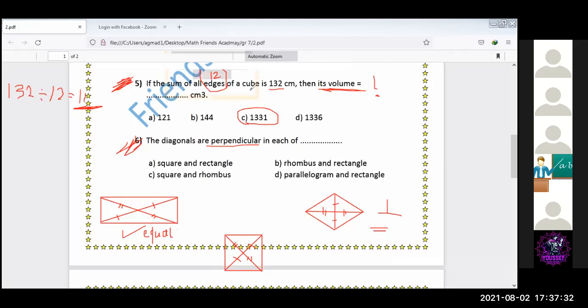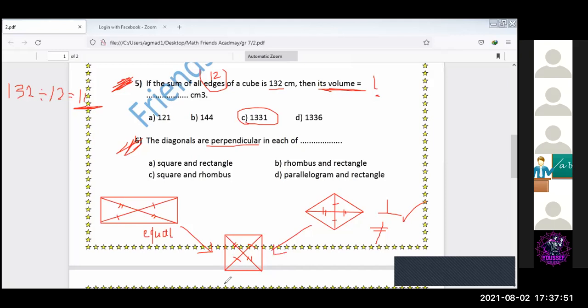Again, the diagonals in the rectangle are equal in length, but not perpendicular. And in the rhombus, perpendicular, but not equal in length. What about the square? Both of them equal and perpendicular.